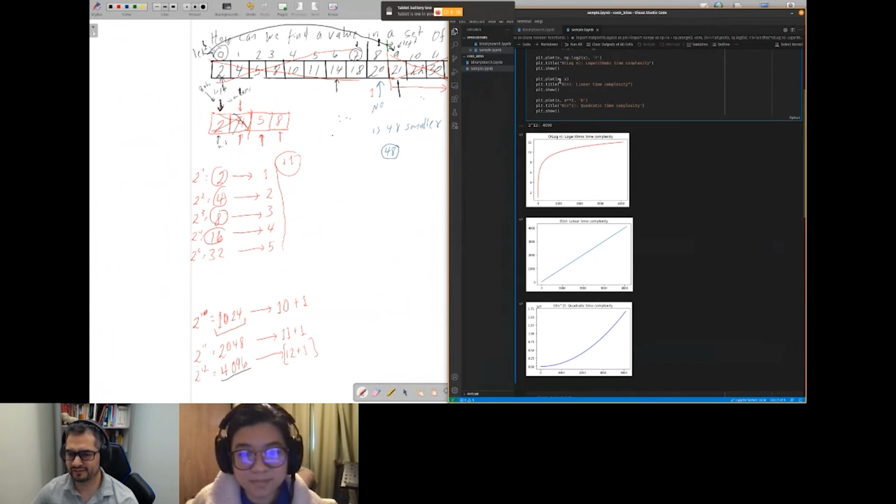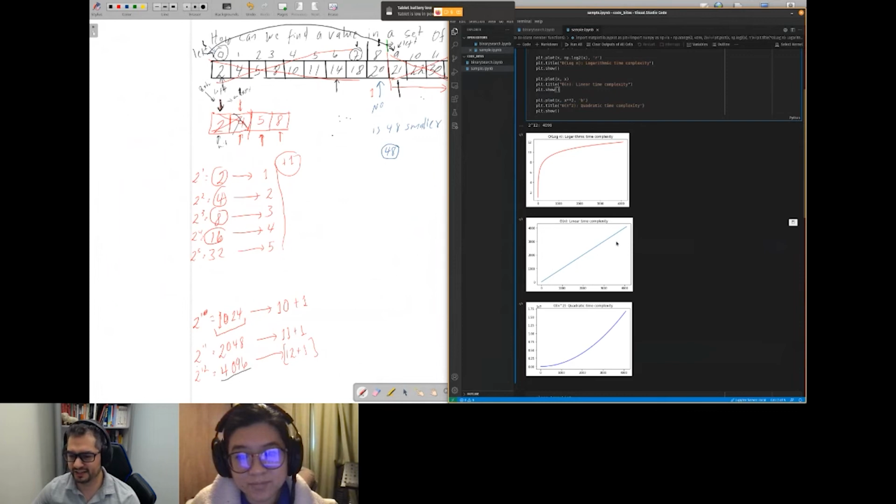This is linear. This means the change in the time it takes to compute something is proportional to the size of the array, the number of elements in it. It could be an array, it could be another type of data structure, but the complexity is proportional to the size of the set.